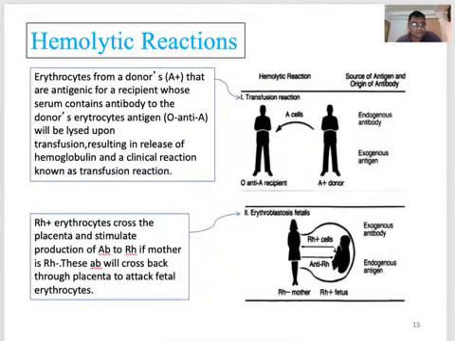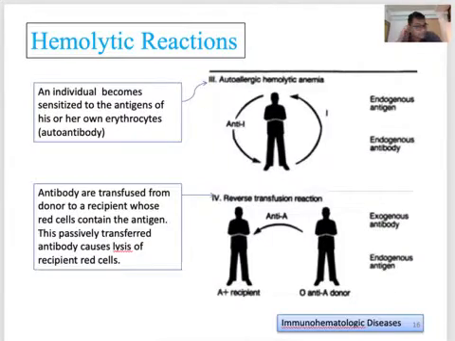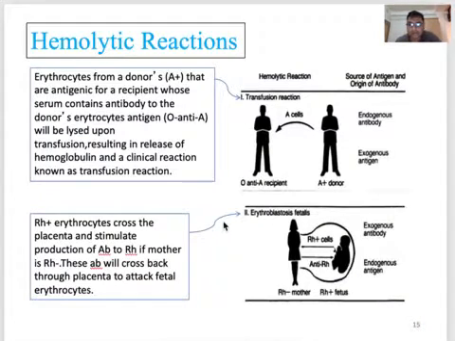In the next two slides, it depicts different types of hemolytic reactions, or different ways where hemolytic reactions can occur. One type is transfusion reaction. Hemolysis can occur because of the transfusion. You all know blood transfusion, right? People sometimes need to get blood from donors.